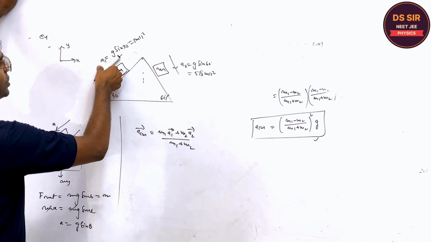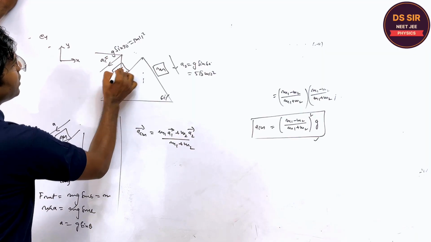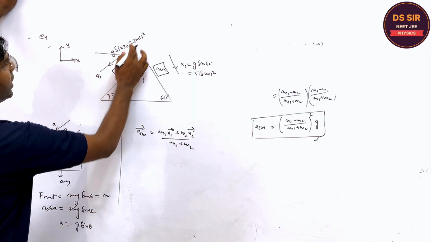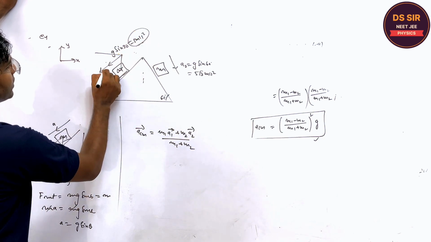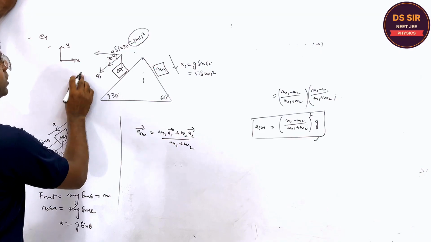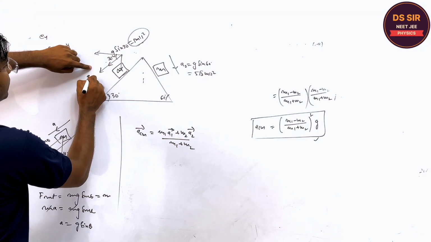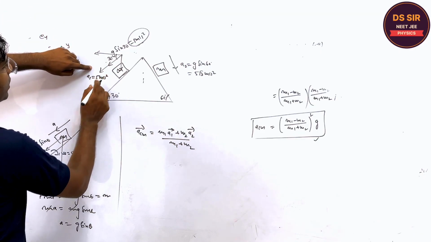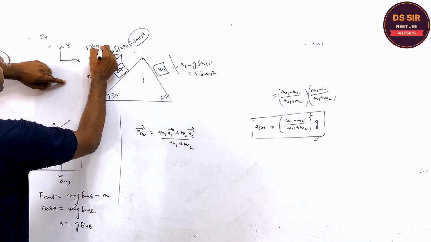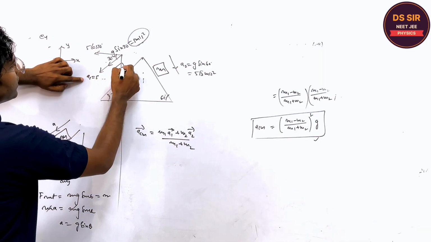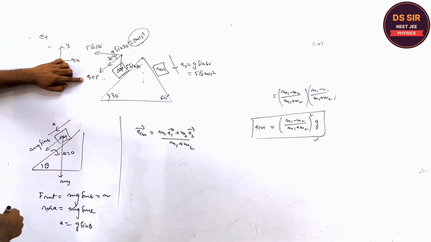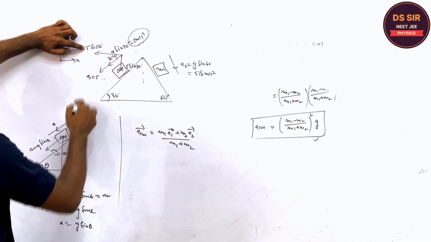So if this is the acceleration A, what are the components? If this is 30 degree, this is A1. A1 value is 5. This is 30, so this is also 30. So it is 5 meter per second square. I am writing only 5. This is 5 cos 30, and this acceleration is 5 sin 30. Is it clear or not? So what is 5 cos 30?